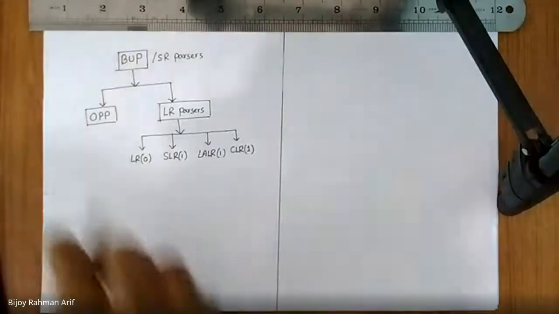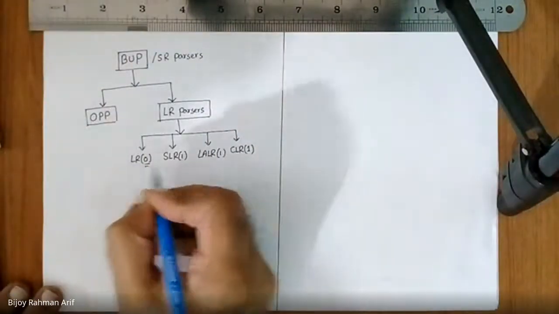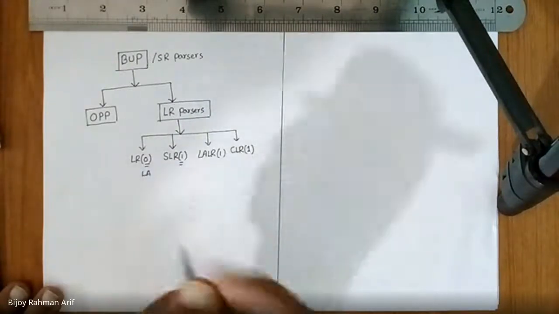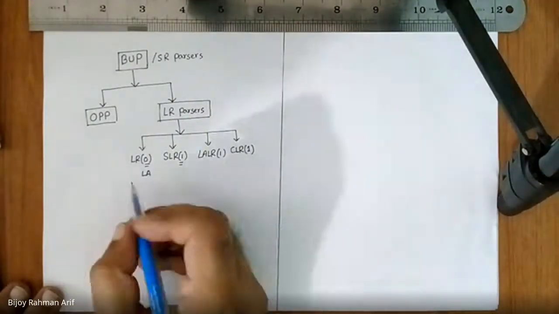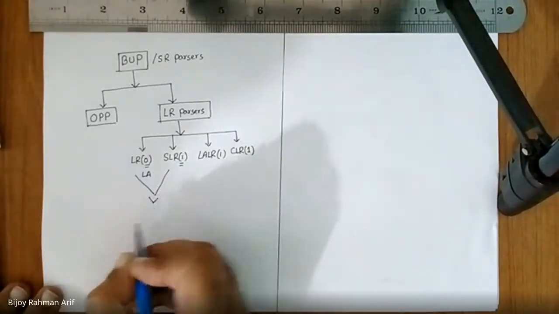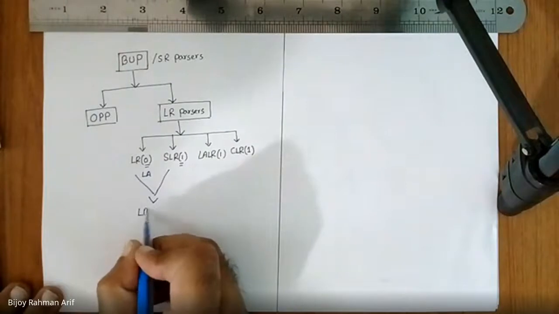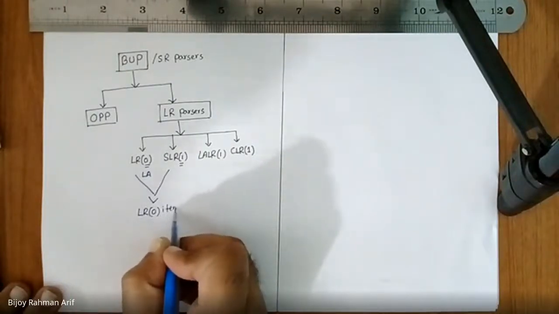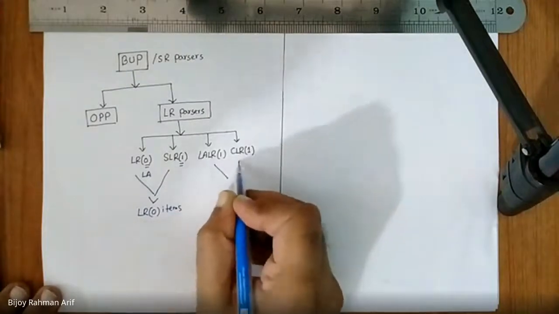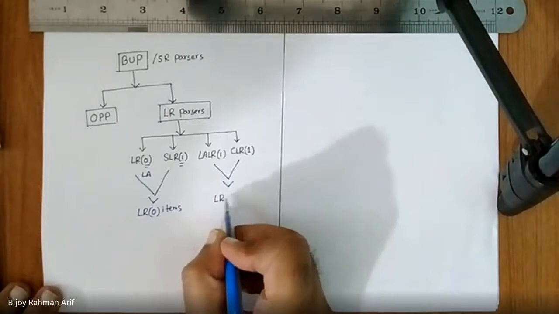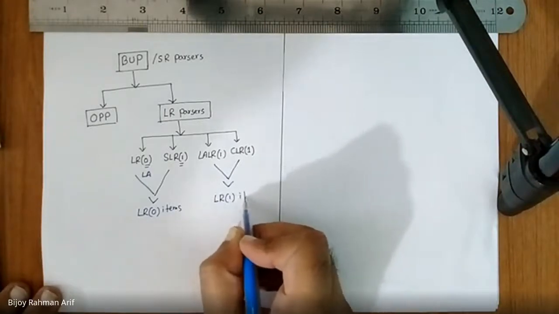We know this number is nothing but lookahead. Then deep inside these LR parsers, we understand LR0 and SLR1 use a special type of item which is called LR0 items. And LALR1 and CLR1 use a special item which is called LR1 items.